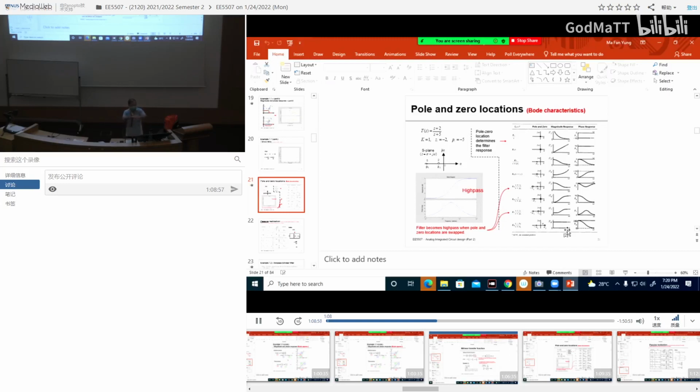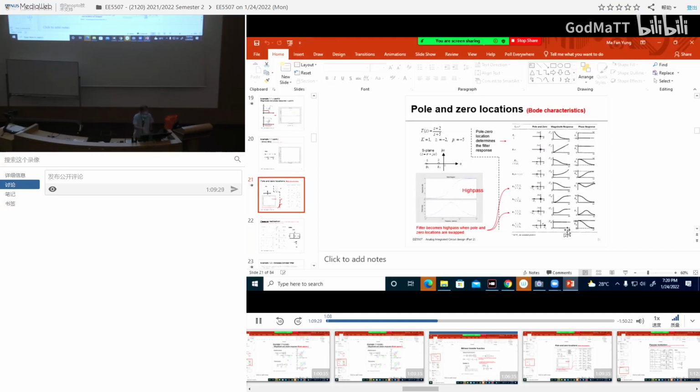So this looks like a simple high pass filter. That means you will pass higher frequency and you will attenuate the lower frequency. If I put the pole first and then the zero, what happens? I will drop first because of the pole, and then I will straighten out at high frequency. That means I will pass more low frequency compared to the high frequency.